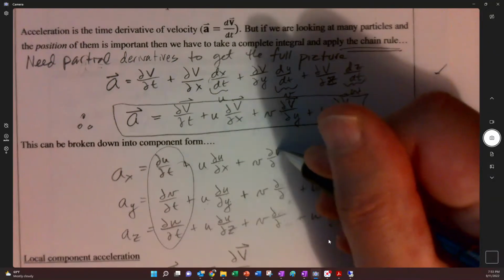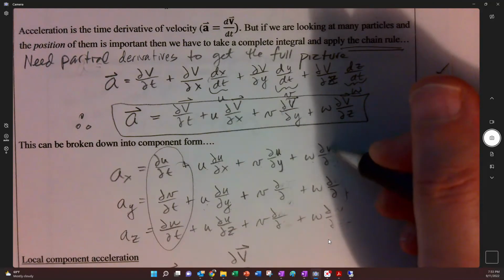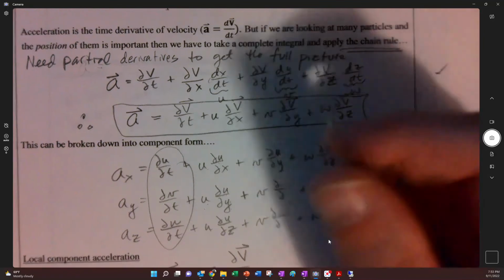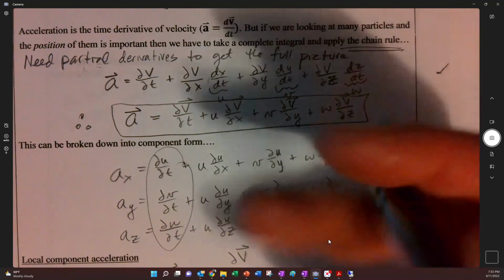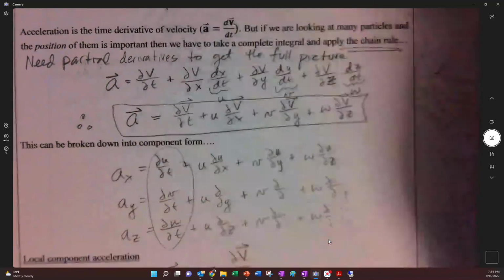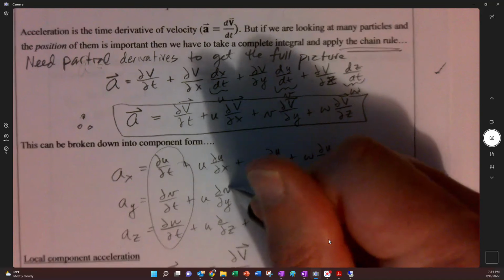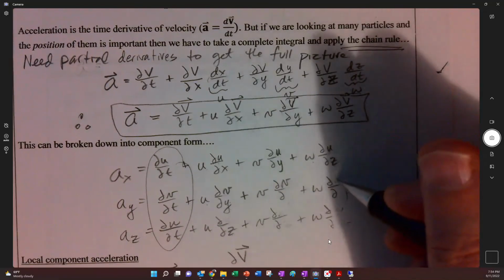But I believe it's going to go U, Y, and U, Z. And this is supposed to be, yeah, I think that's the correct way. That should be V all the way across.